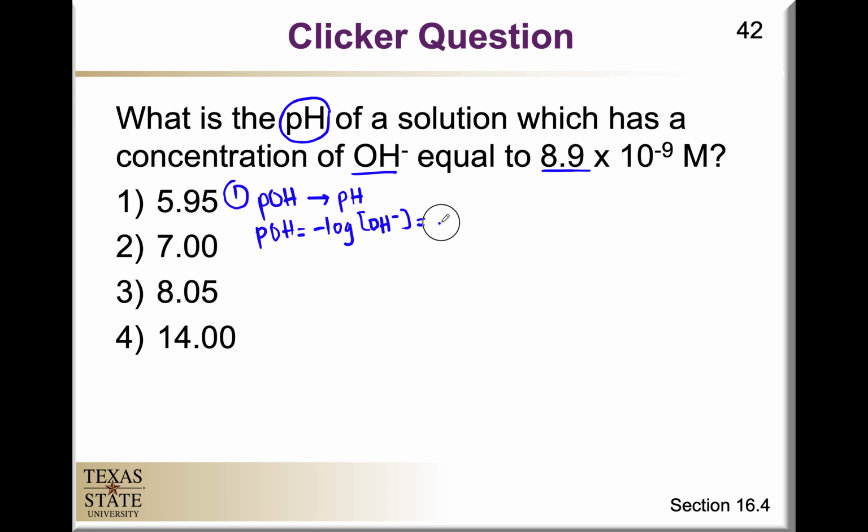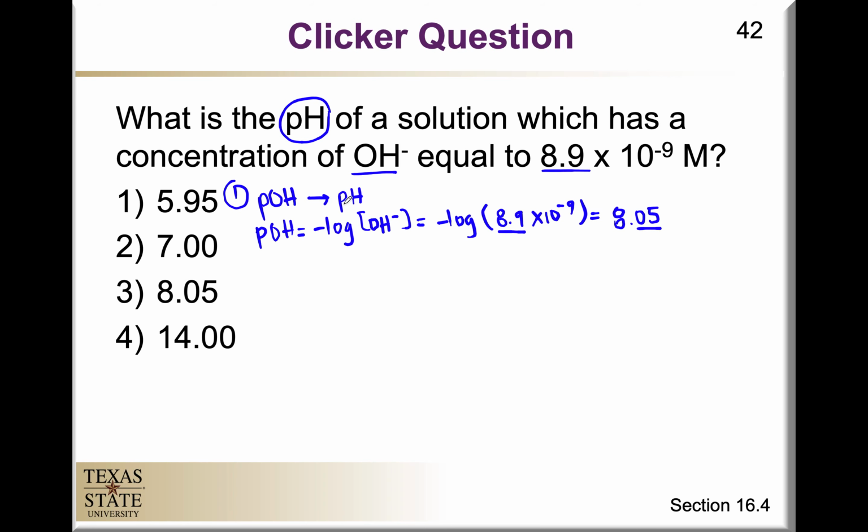That means that we're going to take the negative log of 8.9 times 10 to the negative 9, and that gives us a value of 8.05. Notice that my significant figures are taken care of. I started with 2 significant figures, which means that I need 2 decimal places.